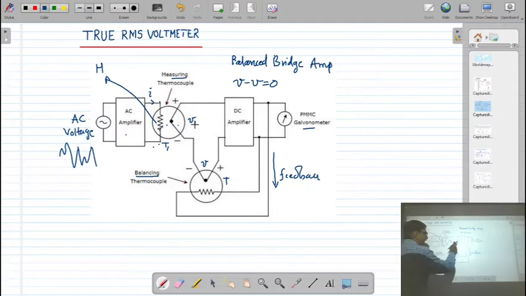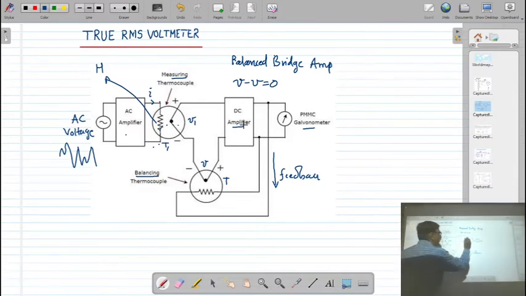Now the bridge is going to be unbalanced. Remember, initially both thermocouples were at the same temperature. Now they are unbalanced, so there is a difference between these two voltages, and that difference is going to be amplified by the amplifier circuit.